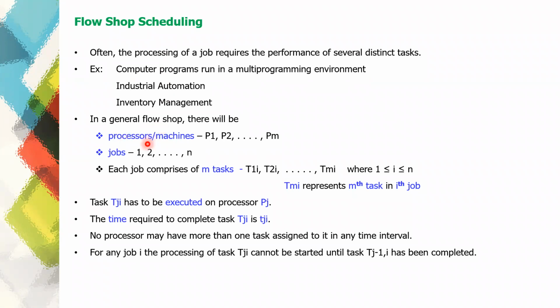There will be a set of processors or machines, assuming that there are m processors represented as P1, P2, P3 and so on up to Pm. There will be m number of processors or machines given.